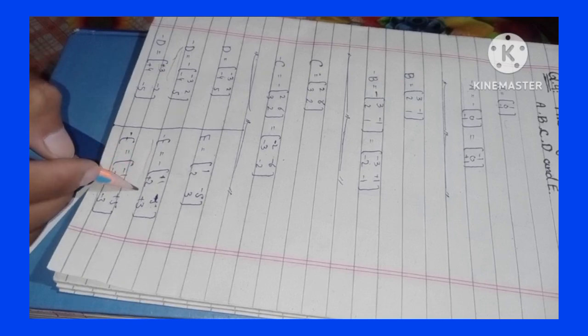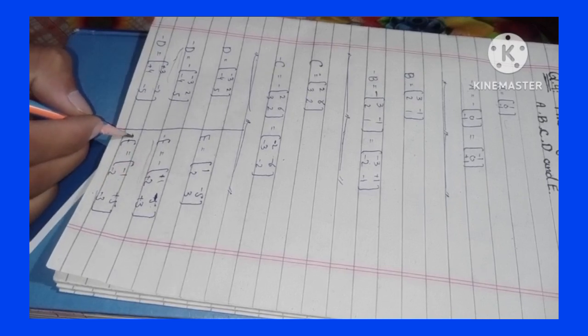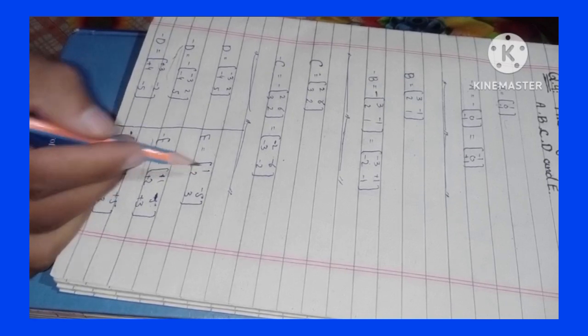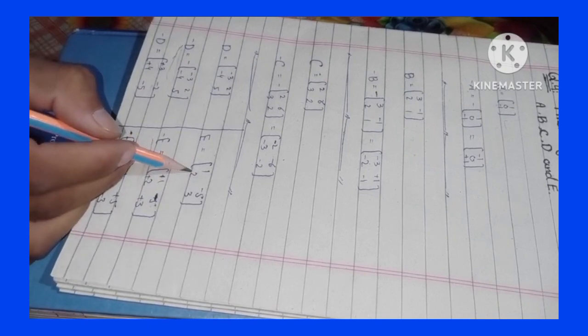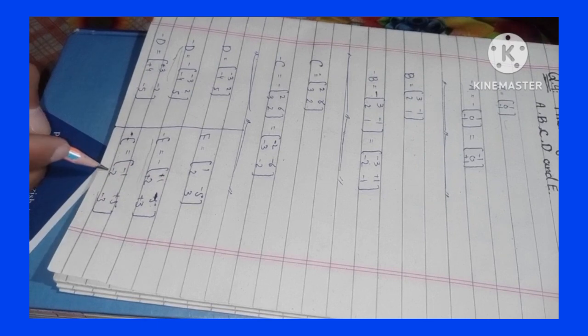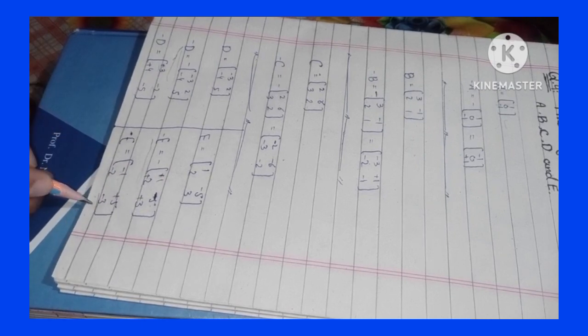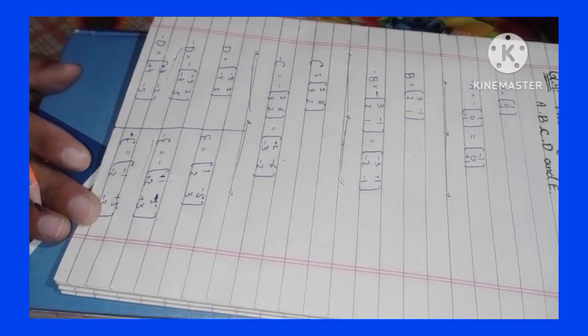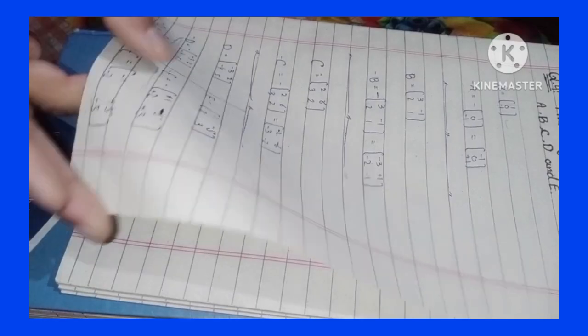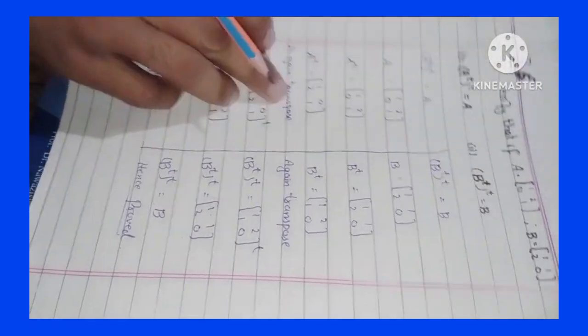Apply the negative sign: positive 1 changes into minus 1, minus 5 changes into positive 5. These 2 and 3, positive, change into negative. We find our negative matrices. In any matrix, change the sign, positive entries change into negative. These are called negative matrices.